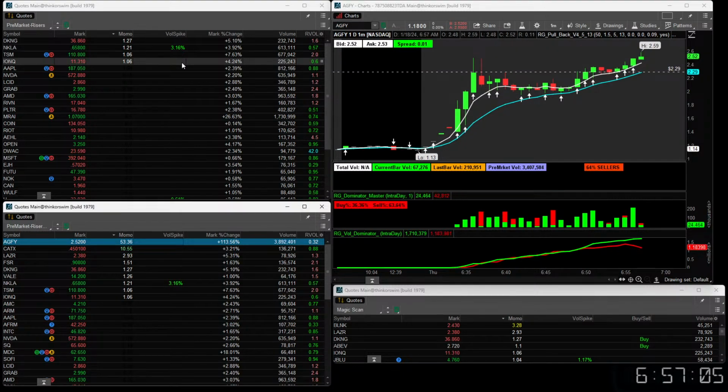Nice jump up. Nice strength. Still above the 5 EMA.